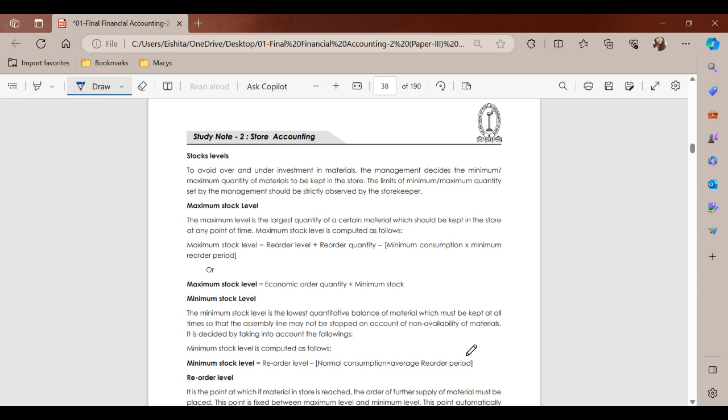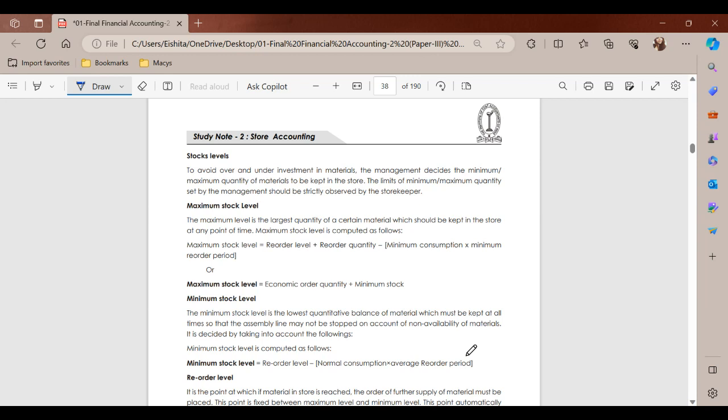And suppose you invest under stock, you invest less amount in the stock. And suppose orders come, you don't have stock with you. So you will lose the customer. So both understocking and overstocking are dangerous to the business. Understocking will lead to customer orders not being fulfilled and overstocking will lead to more of the stock lying waste due to fashion change or whatever change.